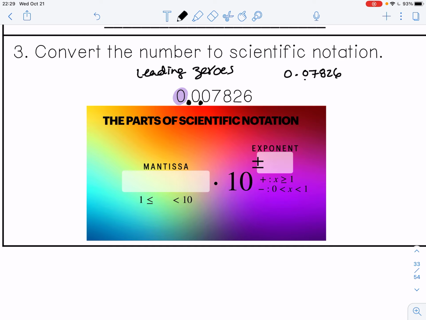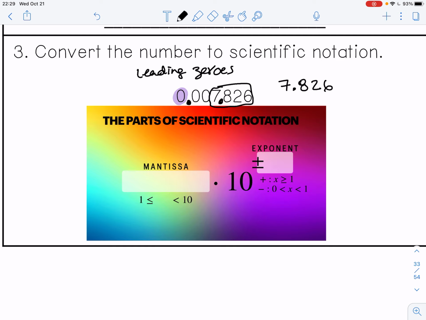Okay, and remember we don't really need to mess with those, so we can always skip over those. So we know it's going to be at least after the leading zeros. So let's put it here, and let's see what number that gives. So we're just going to use this part of the number, and that's going to be 7.826.